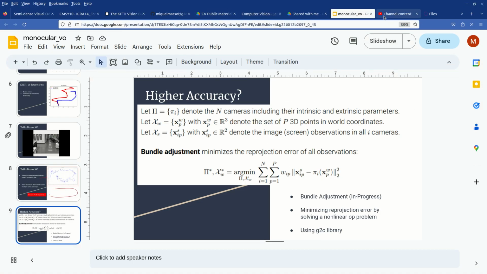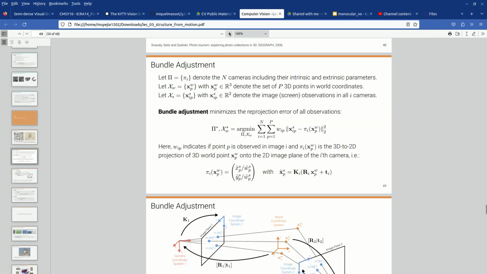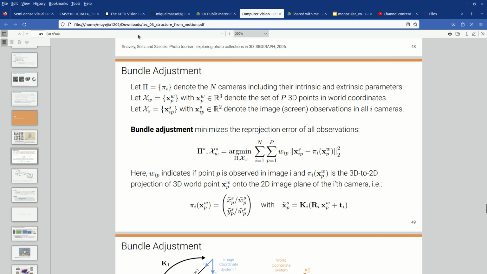Let's switch to another slide. Yeah, this is the slide from Tübingen University's computer vision class. So as you can see here, this optimization problem actually optimizes over these two sets of parameters. xw is the world coordinates of the feature point, and pi here is the projection matrix, which contains the intrinsics, which is the camera matrix, and the extrinsic parameters, which is the camera pose R and t.